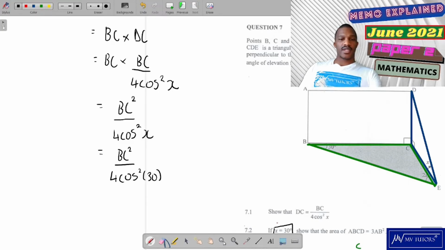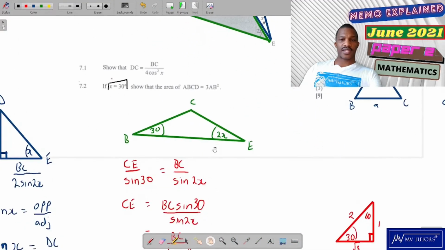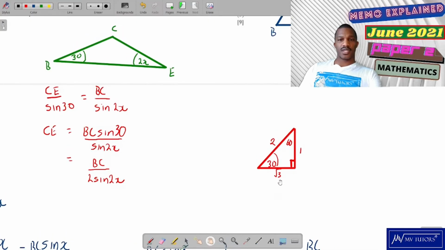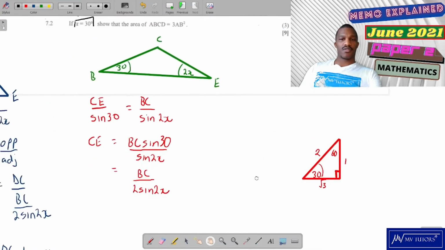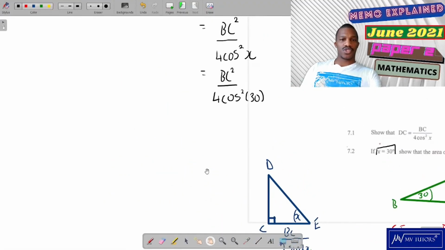All right, that takes us back to our special triangle. Let's check cos of 30. Cos of 30, you can see, is adjacent over hypotenuse. Adjacent of 30 is square root of 3 over 2. So we'll do just that. My bad.